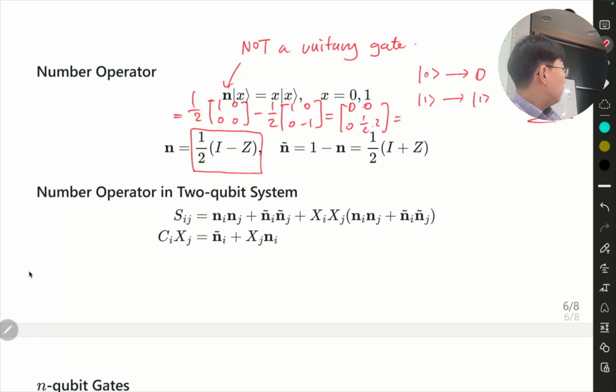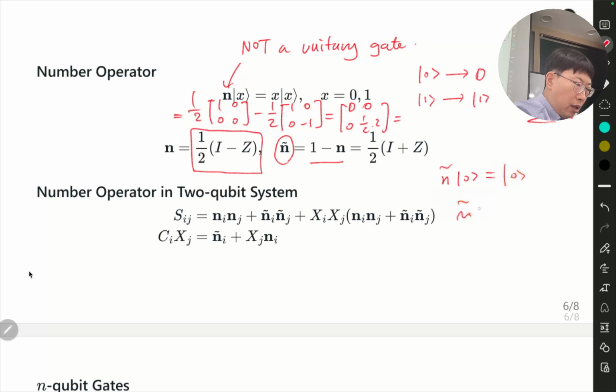And also you can invert this, meaning that you have n tilde given by 1 minus n. Here 1 again is the identity operator. Now in this case, n tilde sends the 0 ket to the 0 ket and the 1 ket becomes the 0 vector. Okay, so it's the opposite. So this can be written as 1 over 2, 1 plus Z.